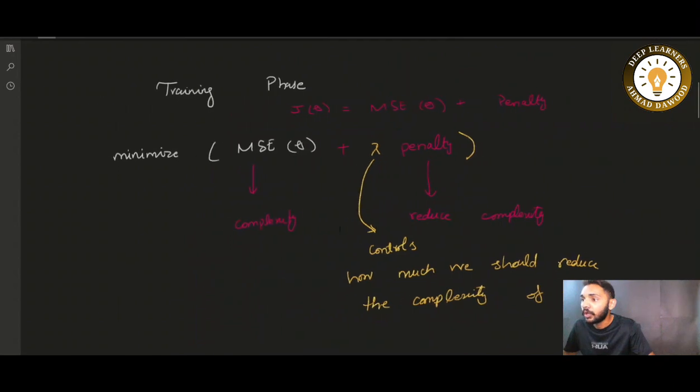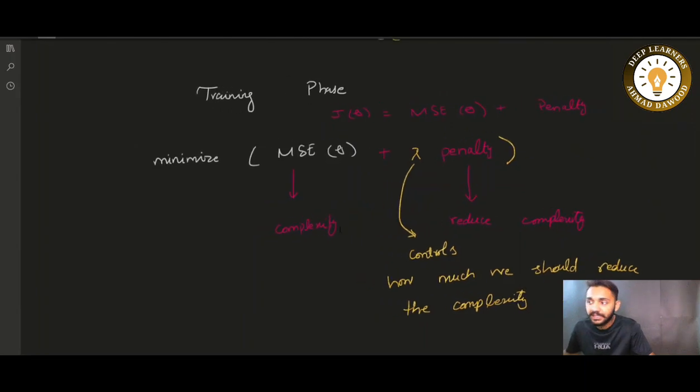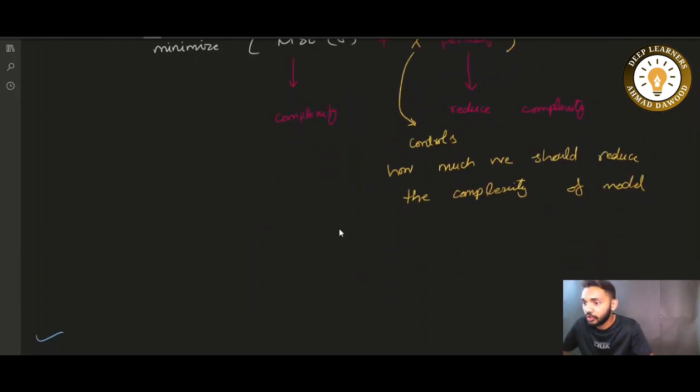Before going towards that, I want to elaborate what the parameters are. If I show you here, let's say you have an equation like theta 0 x 0 plus theta 1 x 1 plus theta 2 x 2. Here theta 0 is the intercept, with x 0 being just the value 1.